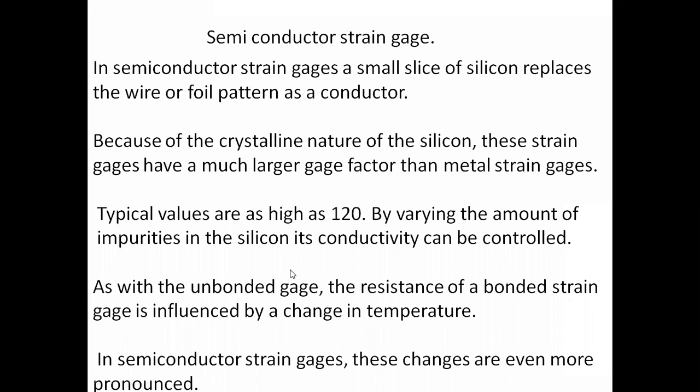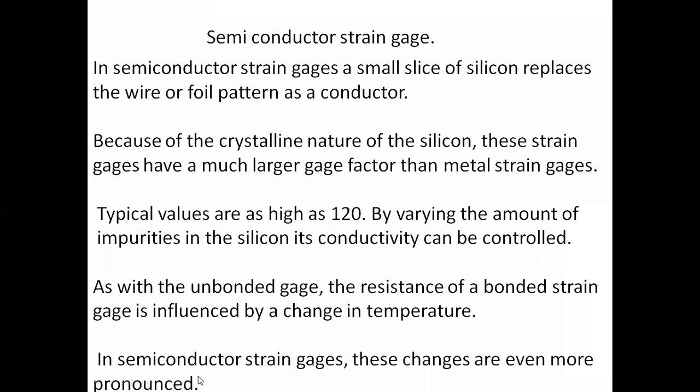So here one more thing we can observe. If suppose we are using a strain gauge, it is nothing but a conductor. The resistance or conductance of conductors will change with the change of temperature. So they are dependent upon the temperature variation.